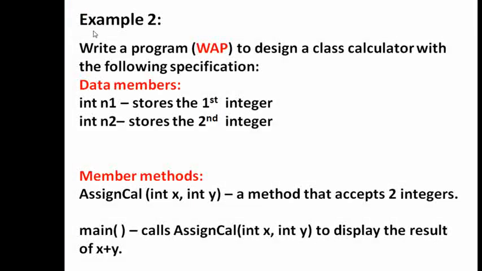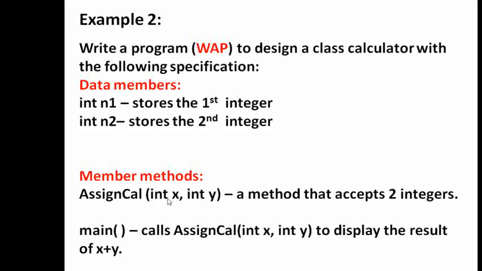Now let us see the second example. Here you have to write a program with the class name calculator and with the following specification. Data members means the variables that you are going to use in this program. Int n1 stores the first integer, int n2 stores the second integer, and in this class calculator you are going to use two methods: assign cal and main.